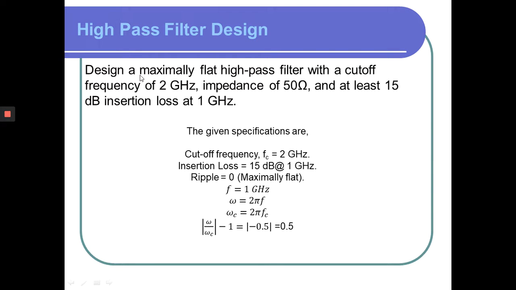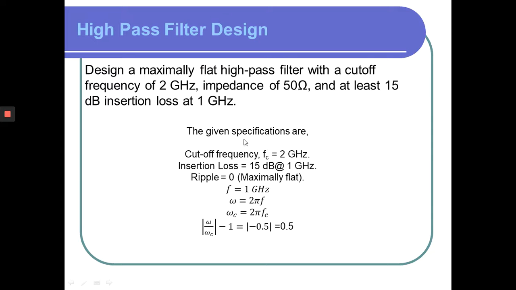Similarly, like the low-pass filter, we will now design a high-pass filter. In this problem, it says that we have to design a maximally flat, remember again, maximally flat, high-pass filter with a cutoff frequency of 2 gigahertz. As we already know, we need only one cutoff frequency for high-pass and low-pass.